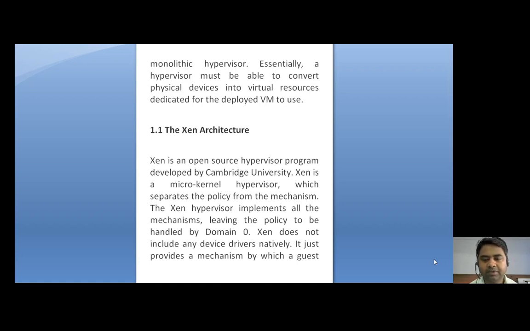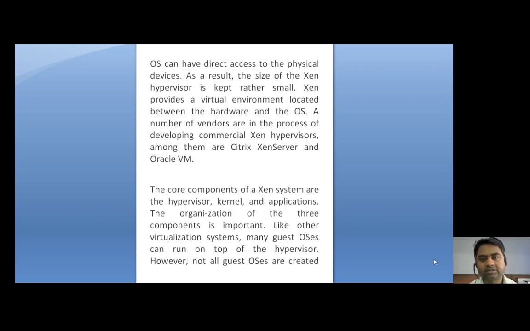The Xen hypervisor implements all the mechanisms, leaving the policy to be handled by Domain 0. Xen does not include any device drivers natively. It just provides a mechanism by which a guest operating system can have direct access to the physical devices. As a result, the size of the Xen hypervisor is kept rather small.